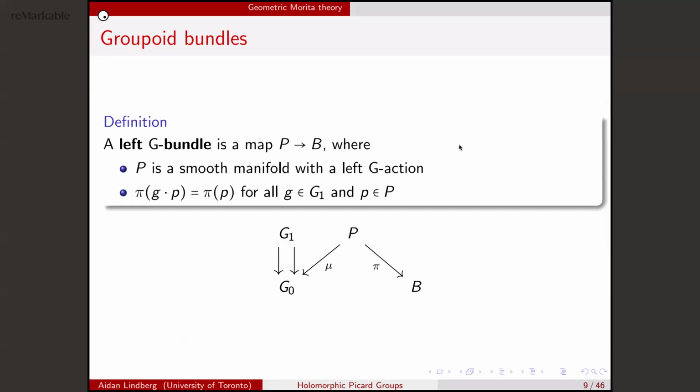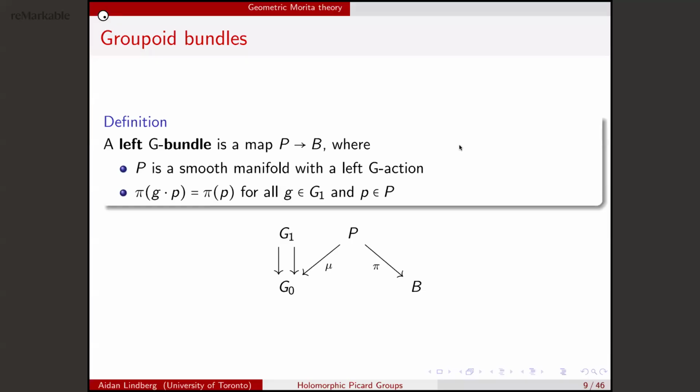If we have now a map from P to B, this doesn't need to be a surjective submersion or anything like that, but a left G bundle now is going to be just a space P with a map to B, and I want this map to be invariant under the left G action. Okay, so just like a G bundle has an action of G on it, and the projection map should be invariant. I'm asking the exact same thing here.